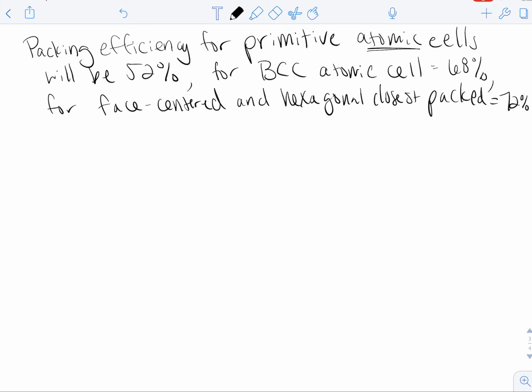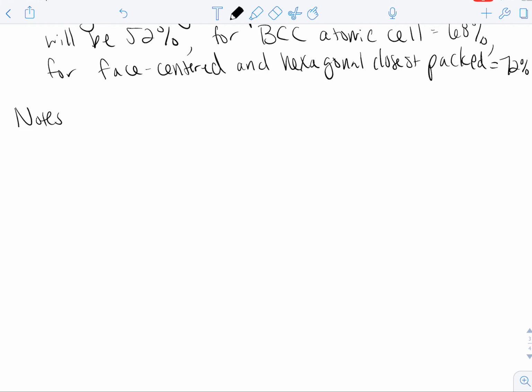Okay. Some additional notes. Z is the number of atoms in an atomic or metallic cell.